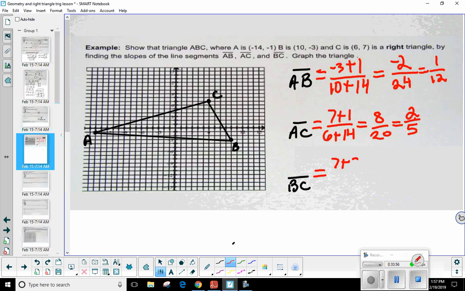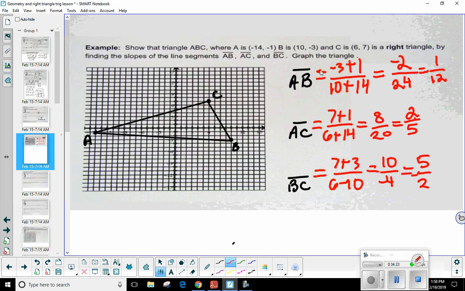So it's AC and BC that we're going to be looking at according to the diagram. So she got negative 5/2, I would agree.